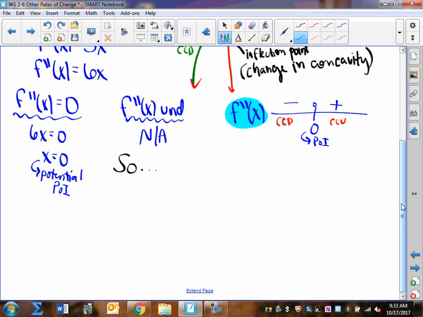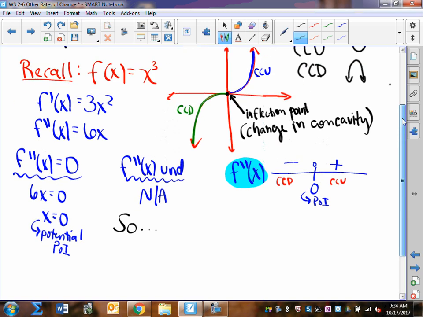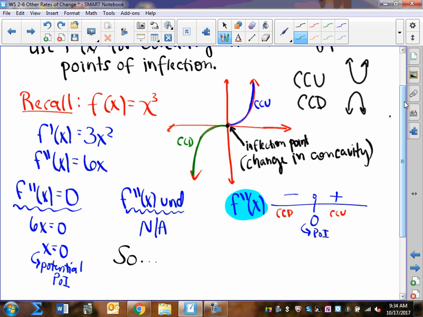Only if they ask for anything about increasing and decreasing. If the instructions simply said to tell me intervals of concavity or inflection points, and said nothing about maxes, mins, increasing, decreasing, you don't have to deal with the first derivative, except for the information it gives here. Does that make sense?